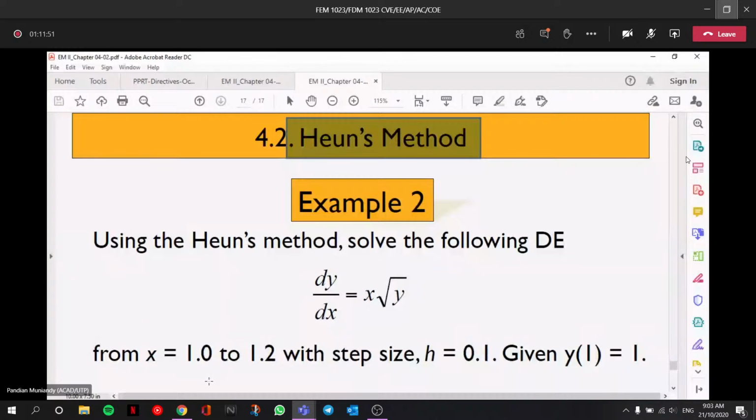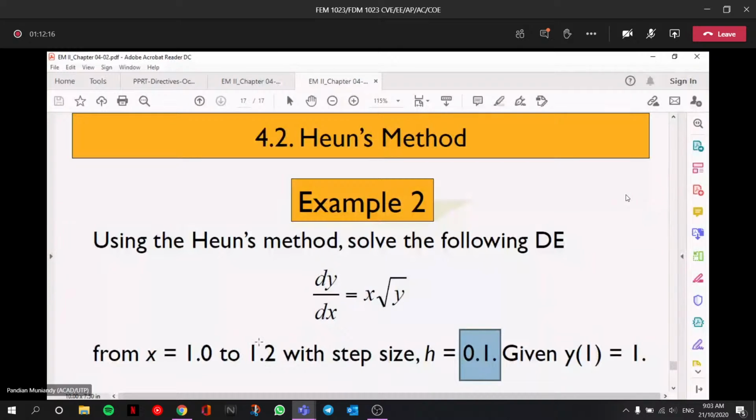And because 1.1 is the next x, after that, the last x is 1.2. That is 1.1 plus 0.1. Write down here, 1.1 plus 0.1 is 1.2.